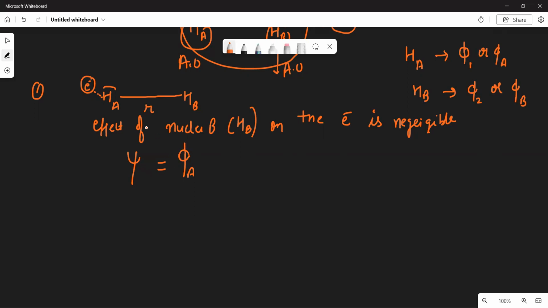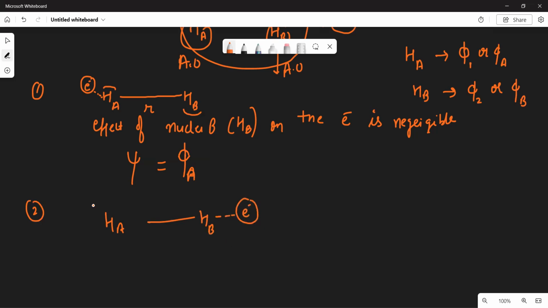The wave function in the first state will be equal to psi A, because the electron is completely in the neighborhood of A. So the effect of the second nucleus on the electron is negligible, and the wave function is represented by psi A. The second case is when the electron is in the neighborhood of the second nucleus.